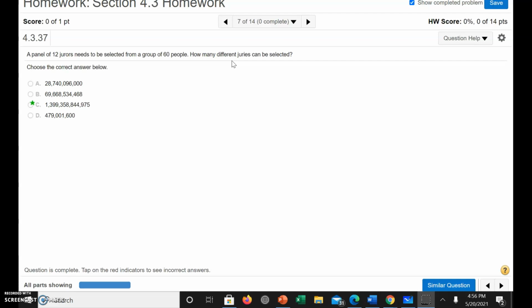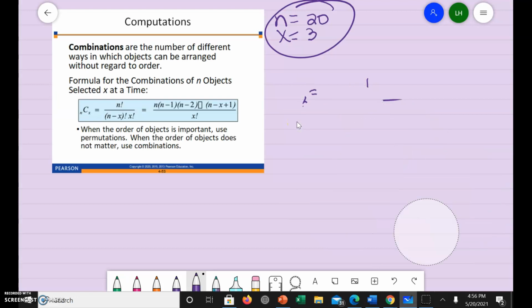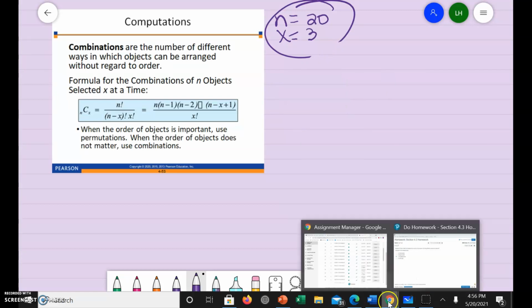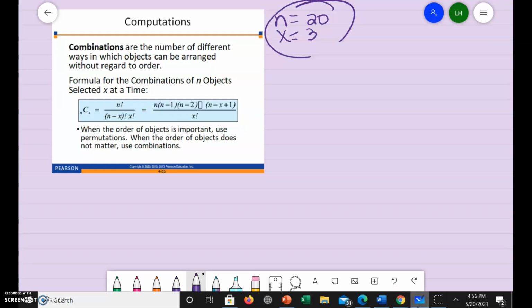That really doesn't matter. We're not going to count that twice, because we're not talking about finishing first, second, or third where order would actually matter. So we're going to use a combination, and you would work it the same way as we just did, except now we have n is 60 and x is 12.